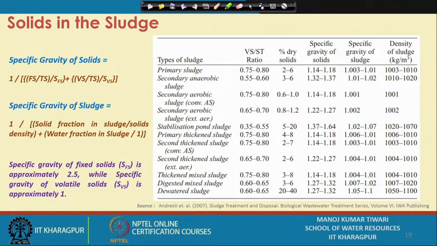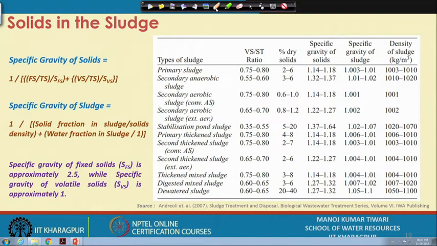So, how do we get the volume or those fractions in a sludge, or the quantification of solids in the sludge? The specific gravity of solids in the sludge is obtained from the fixed solids to total solids ratio, which gives us the fixed component of solids, divided by the specific gravity of fixed solids.